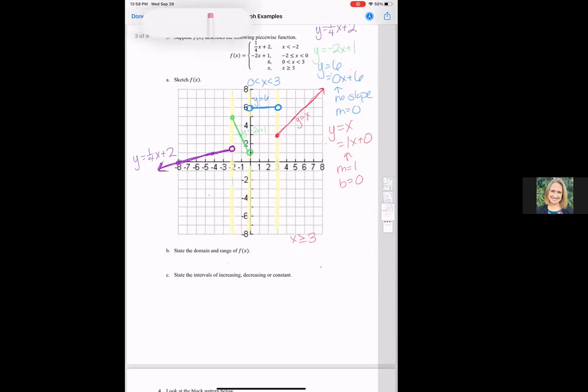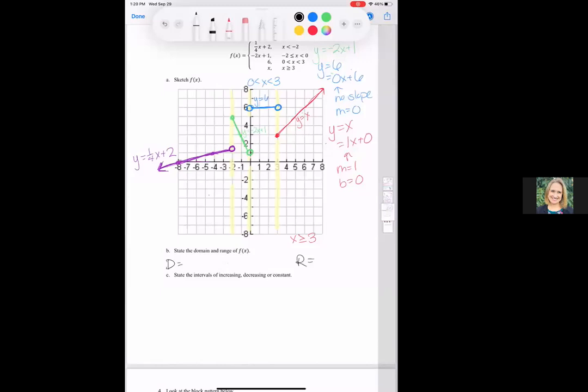And now if we look at the domain and range, I'll put that in black. Our domain, again, is going to be everything all the way across. So for our domain, we're going to look across, left and right, like we've been talking about.